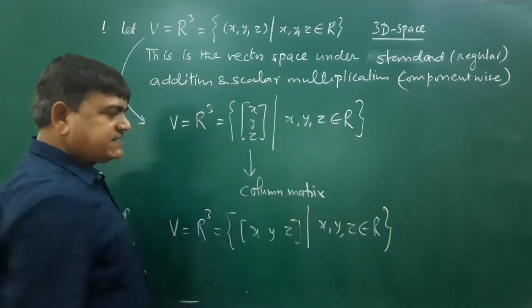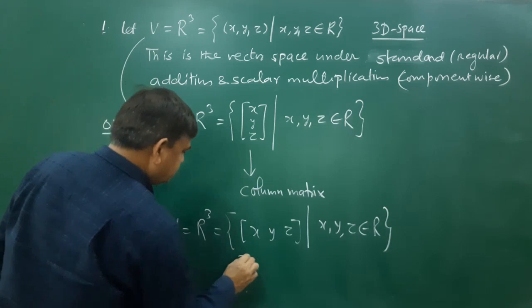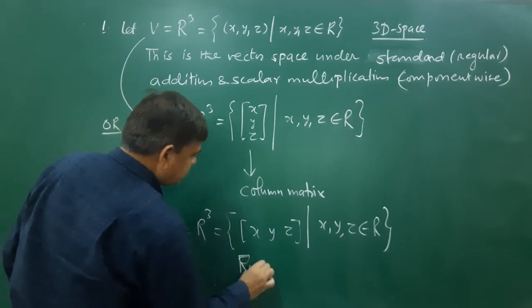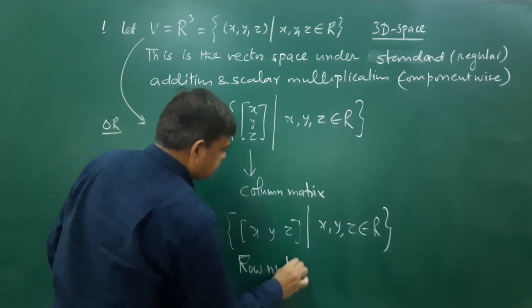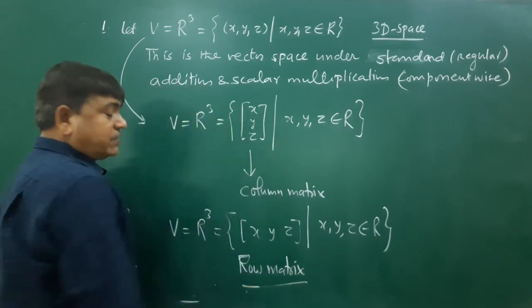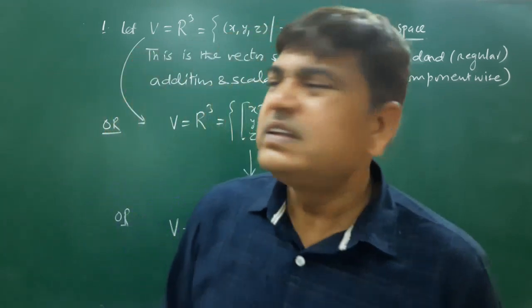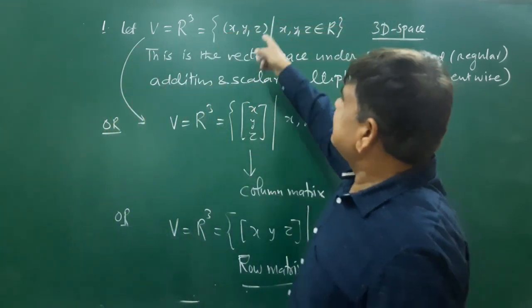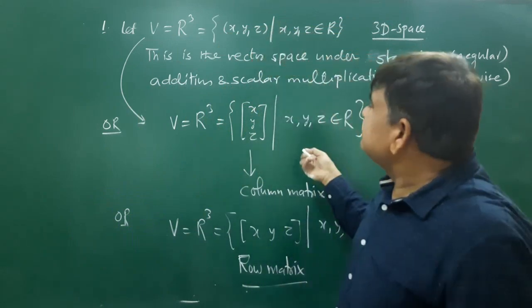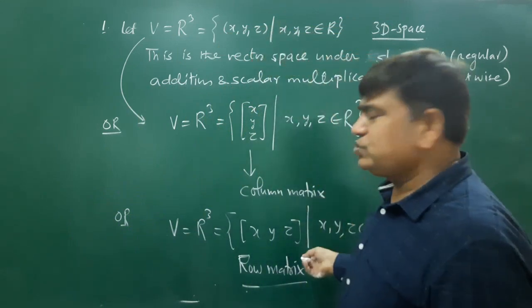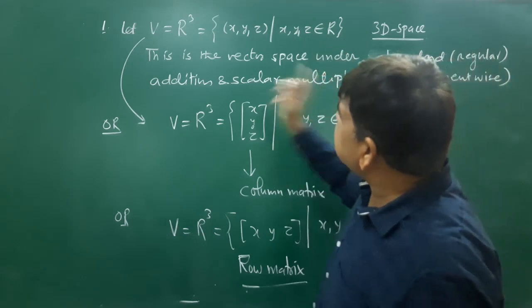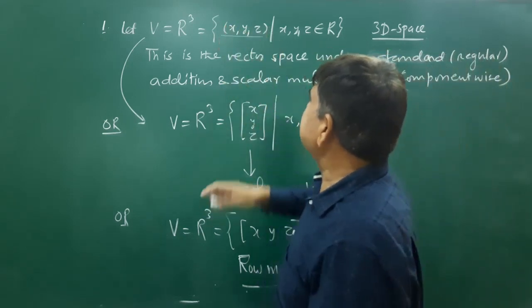The transpose of this will be this. So be careful. Some authors write it this way, some in that way, whatever it is. But just remember, this is the triplet.